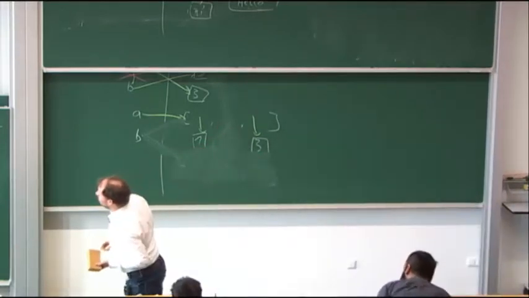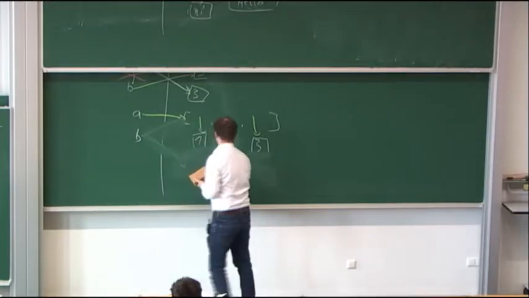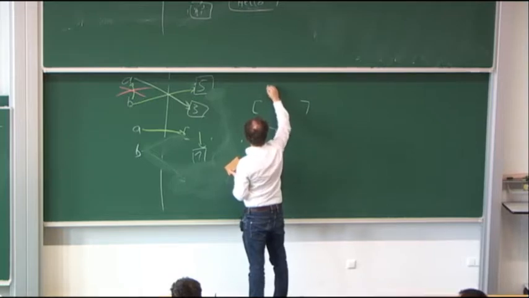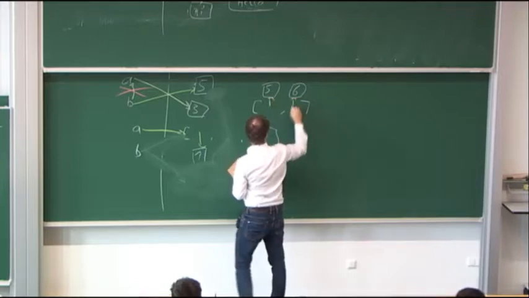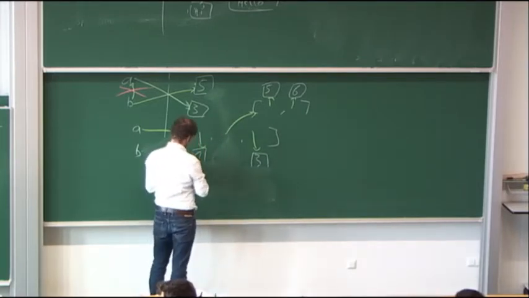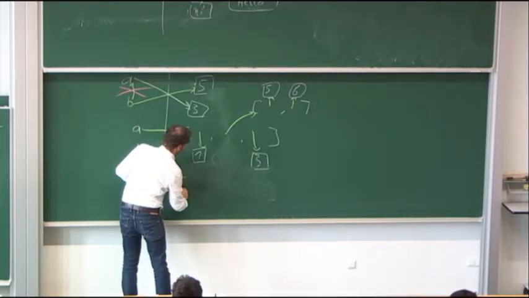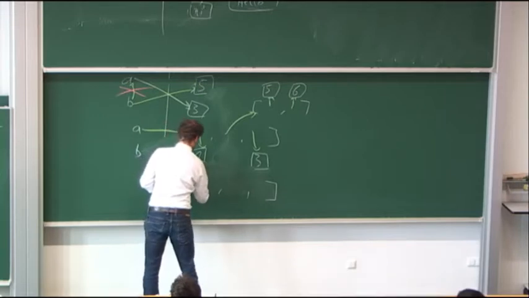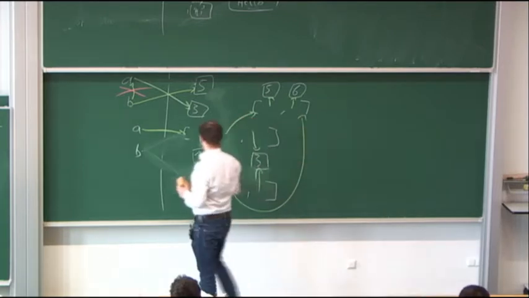A is the list 1, then a list with 5 and 6, and then 3. Then we copy A, so this creates a new list where this points to this 1, this points to this 3, and this points to this list up here. And B points to this copy.